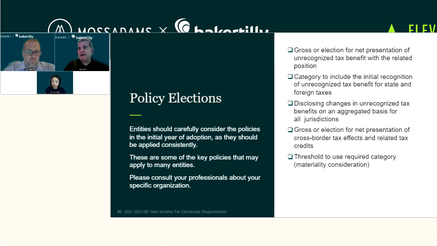And then materiality considerations is how far do you search and dig for these different items, as to which categories will your policy election apply to, in terms of cutting off at a material level the identification of the particular item.